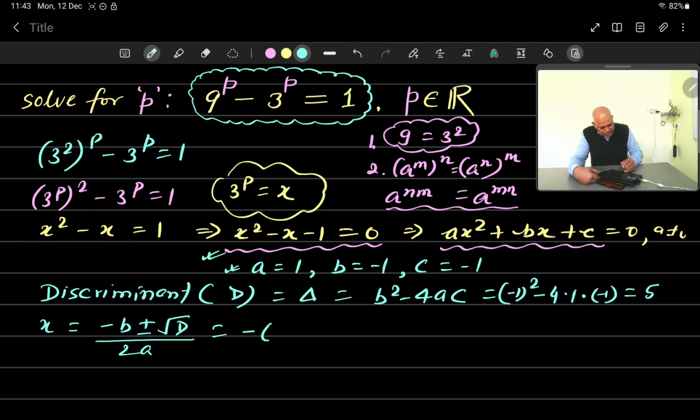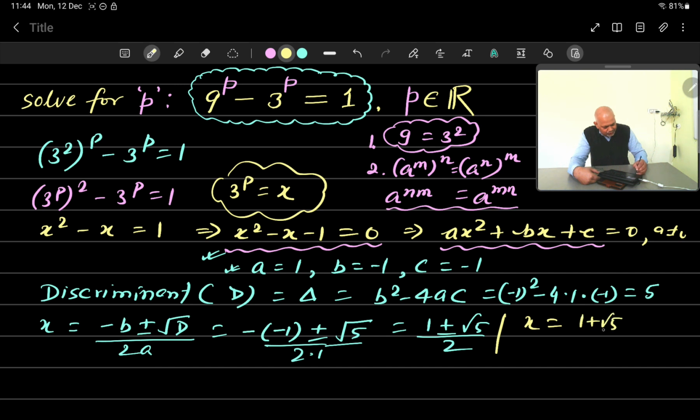Minus of minus 1 plus minus root d, where d equals 5, divided by 2 times 1, and the result is 1 plus minus root 5 divided by 2. So there are two solutions for x here.